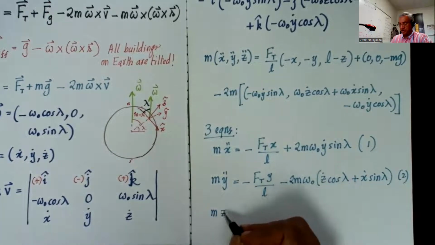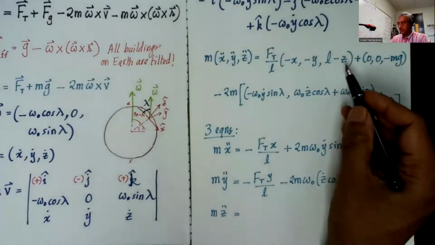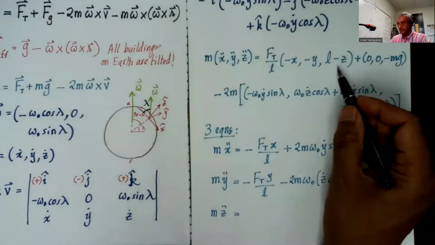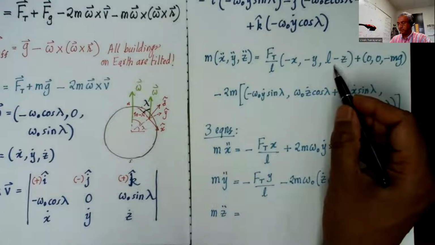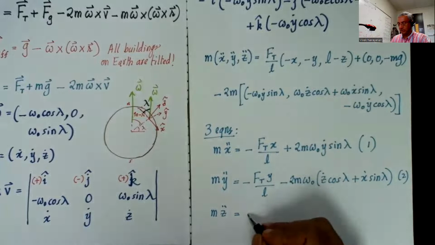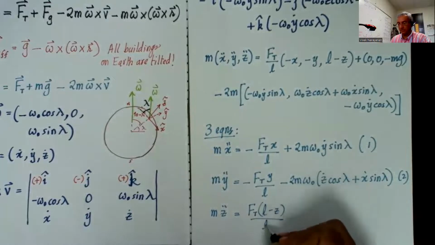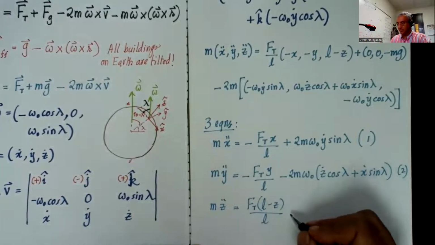And equation 3, mz double dot is equal to, there is an L minus z there. So ft times L minus z over L, minus mg.